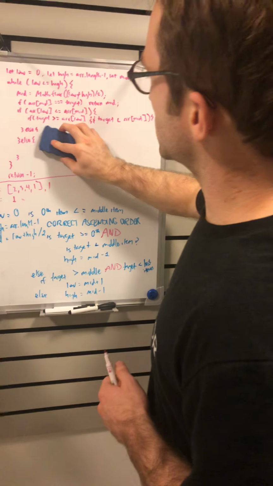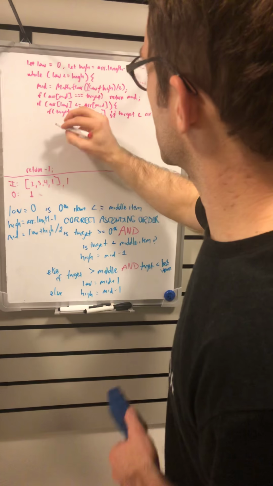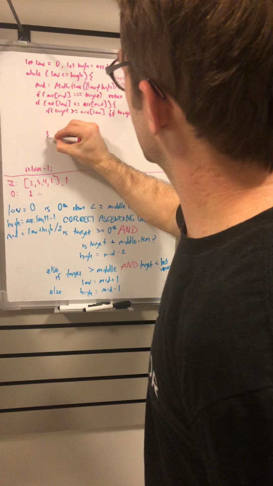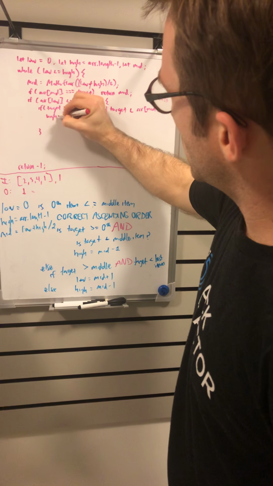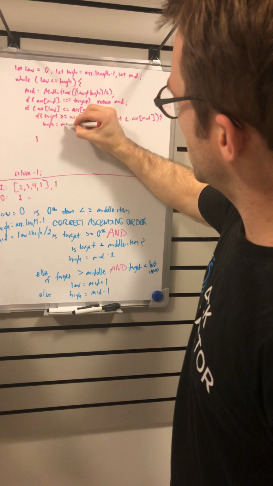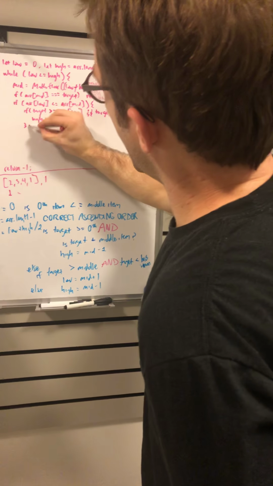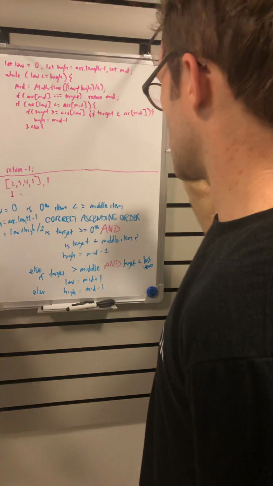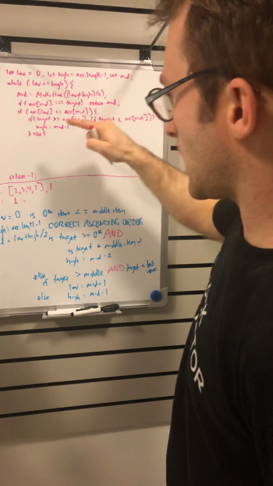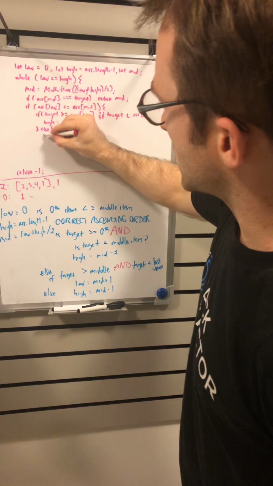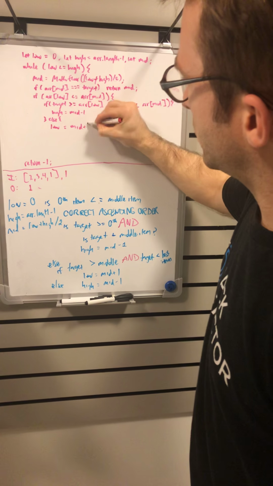This is going to get really tight in here. So if that is true, what are we doing inside of this if? We're going to set our high to be equal to mid minus 1. Else, if that's not true, we want to set the low to be equal to mid plus 1.